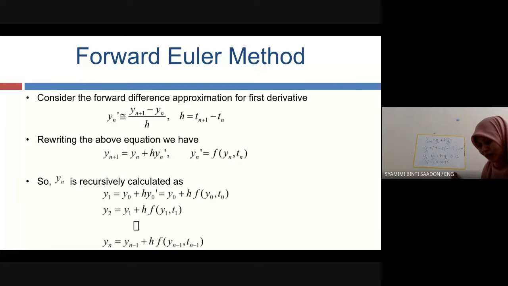Proceed until t4, which is y4 at 2 seconds, by using the forward Euler method. I will give you some time to calculate.